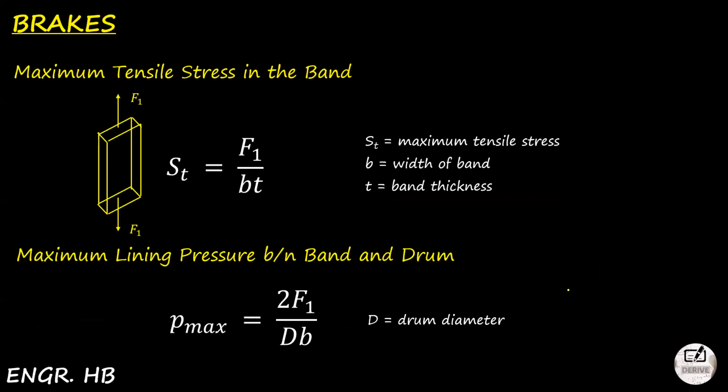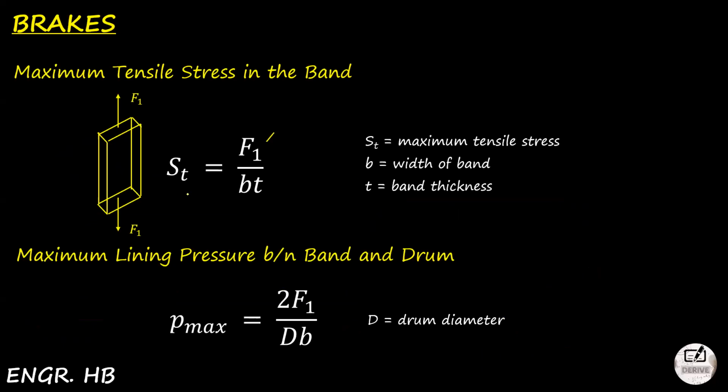How about other formulas aside from the free body diagrams? Of course, we have the maximum tensile stress in the band, and that will always involve F1, since it is always the higher of the two tensions.